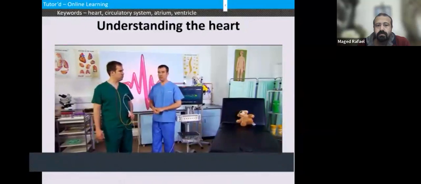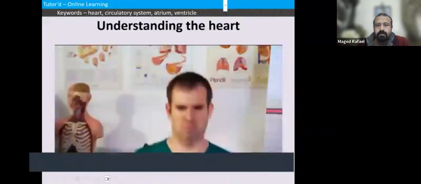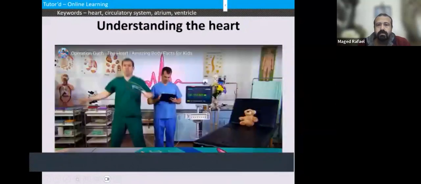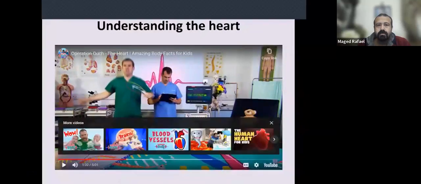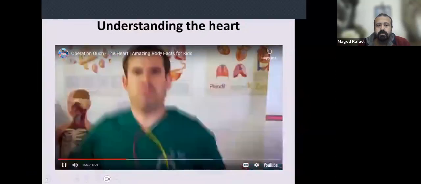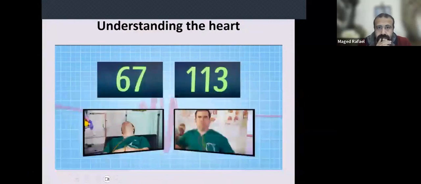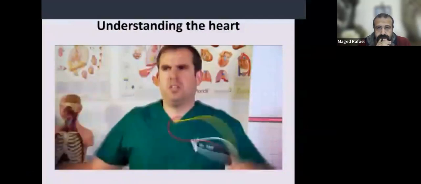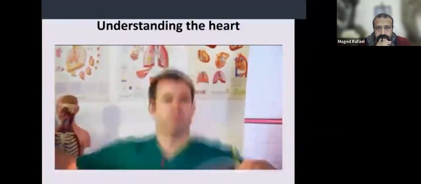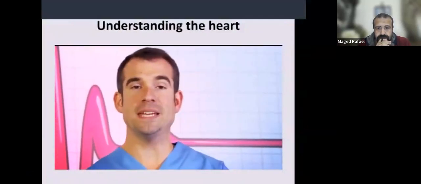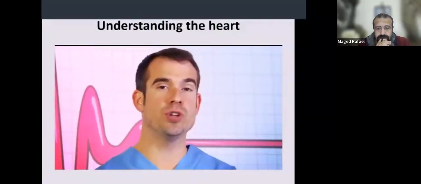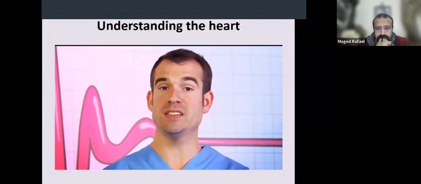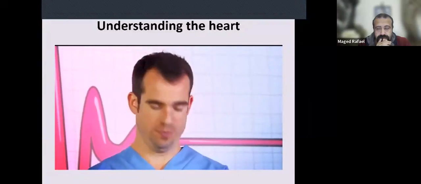Right, give me some nice big star jumps, please, Zond. When you exercise, your muscles need lots more blood and oxygen to provide this, the heart speeds up. As you can see, Zond's heart rate is much higher now than when he was lying down. Even at rest, it beats around 100,000 times a day. So, you've seen how your heart beats at different rates depending on what you're doing. But how does your heart actually work? How does it get all that blood where you need it, when you need it? Well, we're going to show you.